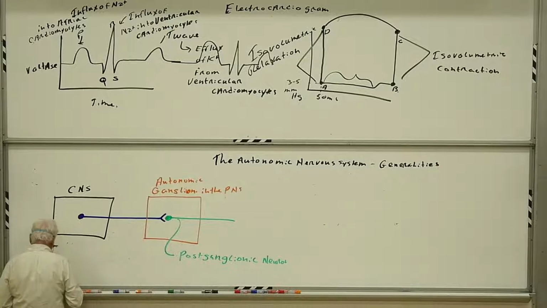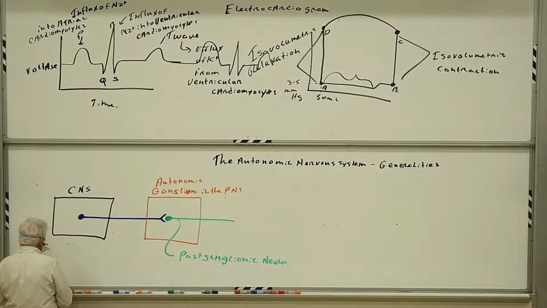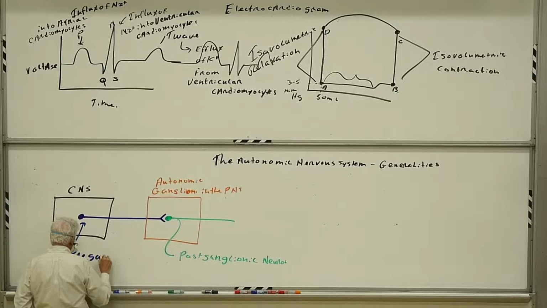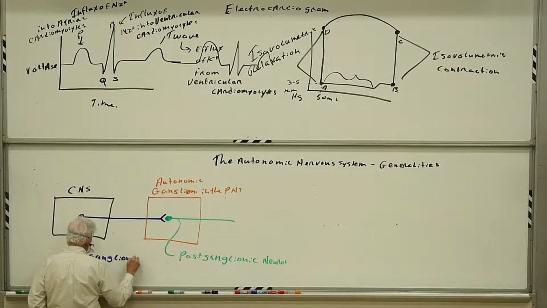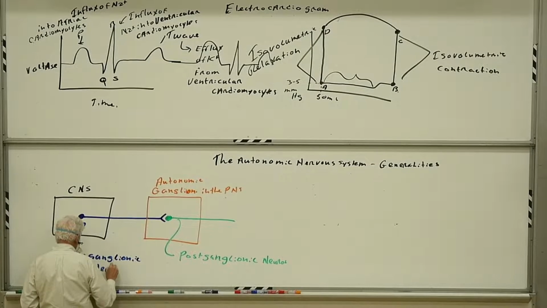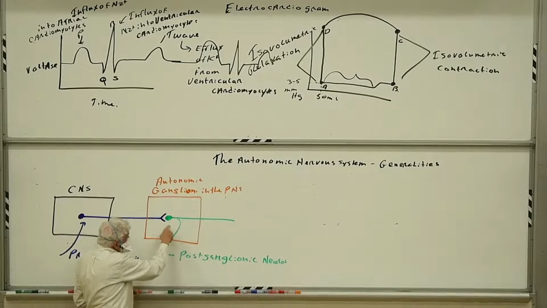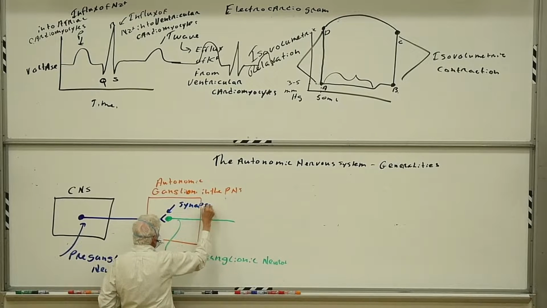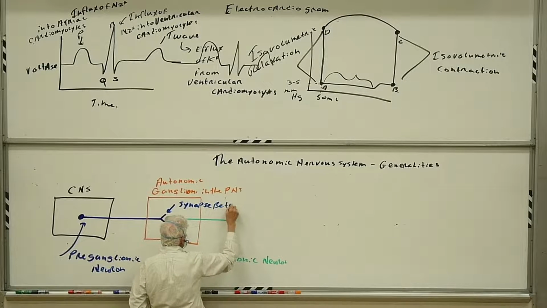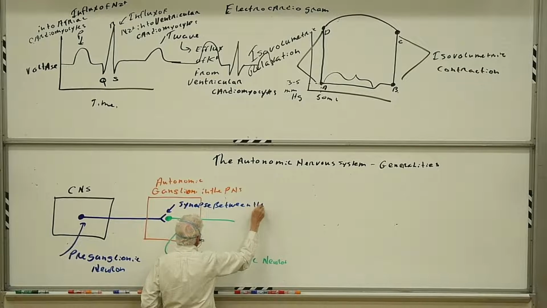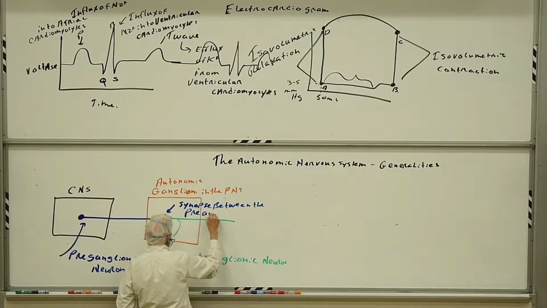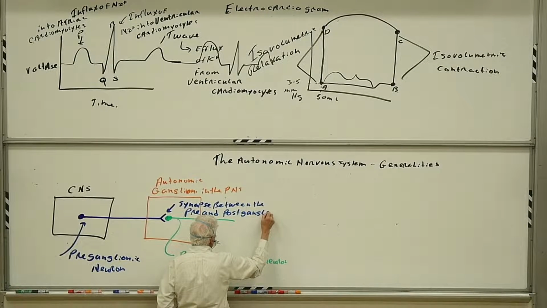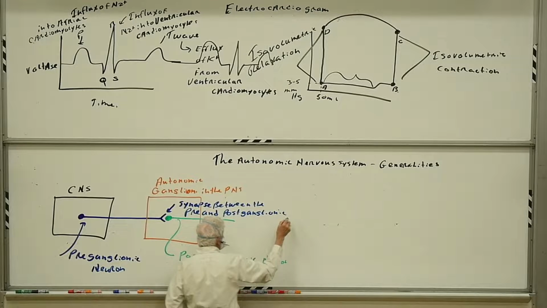And this cell represents, in blue, the preganglionic neuron. And this Y to this dot is meant to be the synapse between the pre and post ganglionic neurons.